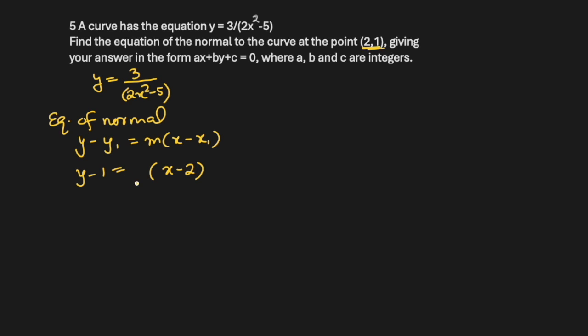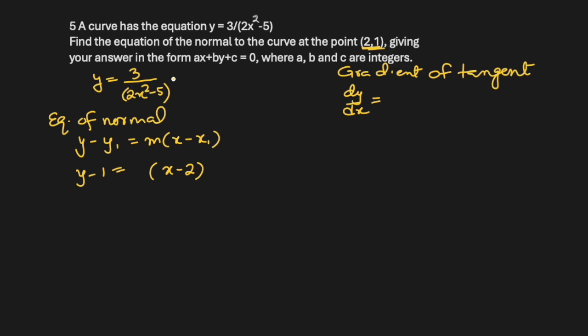Only thing left is the gradient m. So we can't find the gradient of the normal straightforwardly, so first we have to find the gradient of the tangent. And the gradient of the tangent is nothing but the differentiation of the curve at that point.